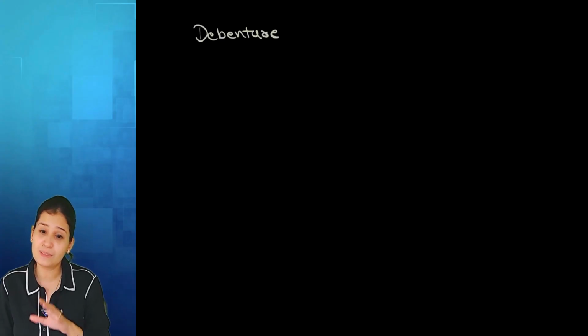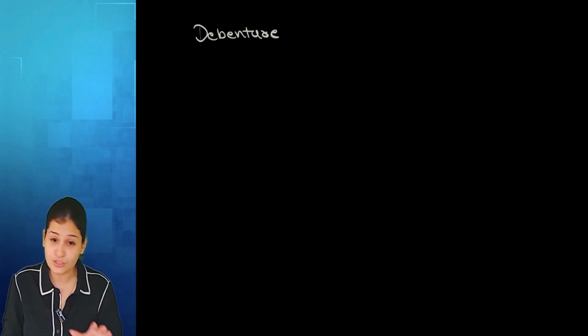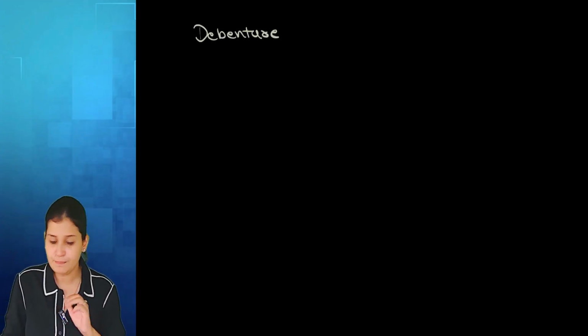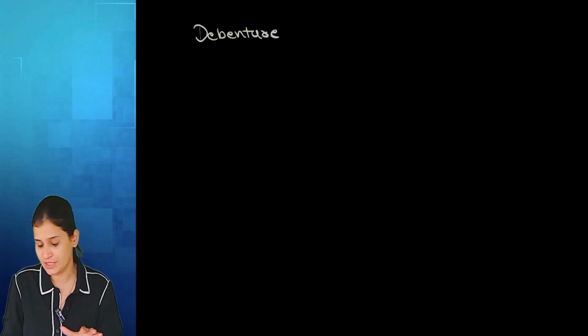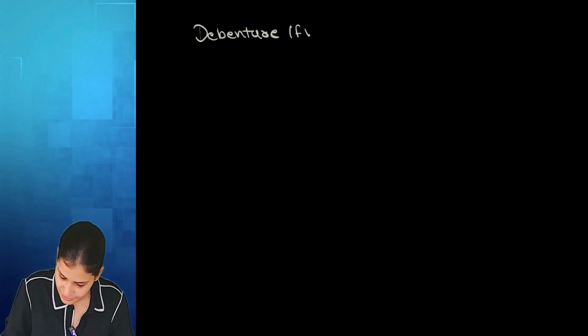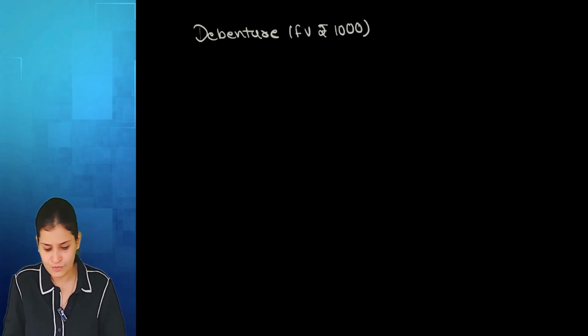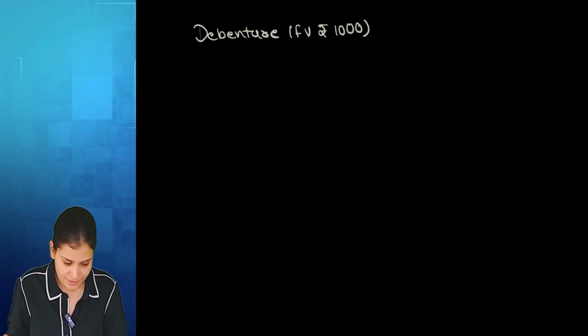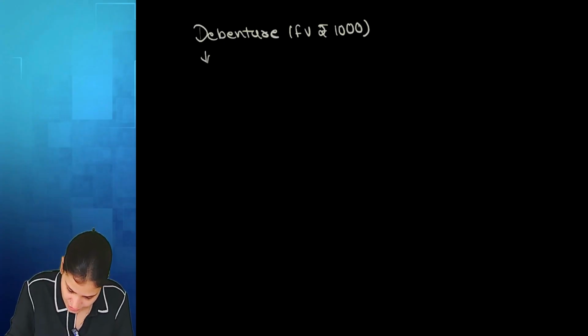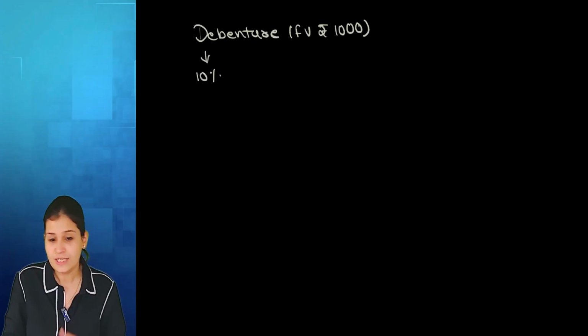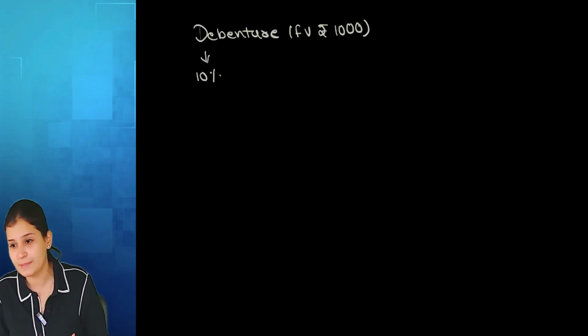Now that has a specific value known as face value. Every company's debenture has a different rate. For example, if I have a company's debenture whose face value is rupees 1000, and this debenture is a 10% debenture. What do I mean by a 10% debenture?